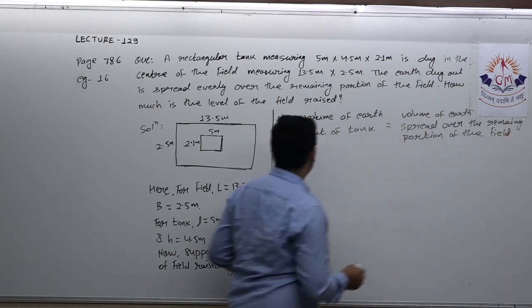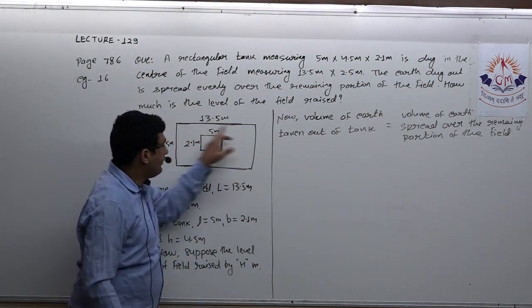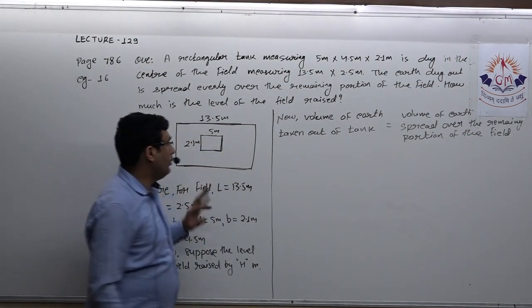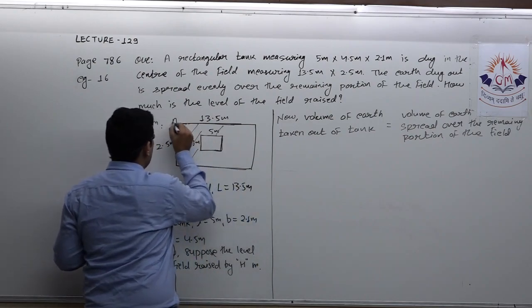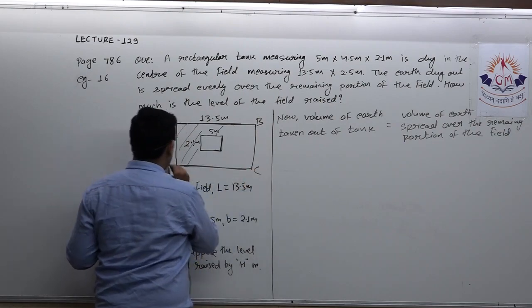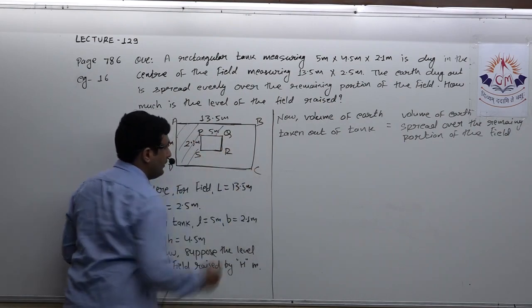Obviously whatever earth we are taking out from this tank is being spread over this portion, so the volume must be the same. For a while, it's better to write this ABCD and this PQRS.